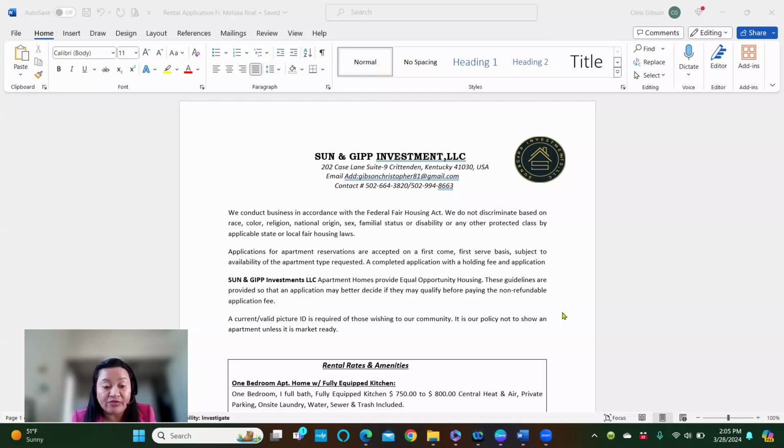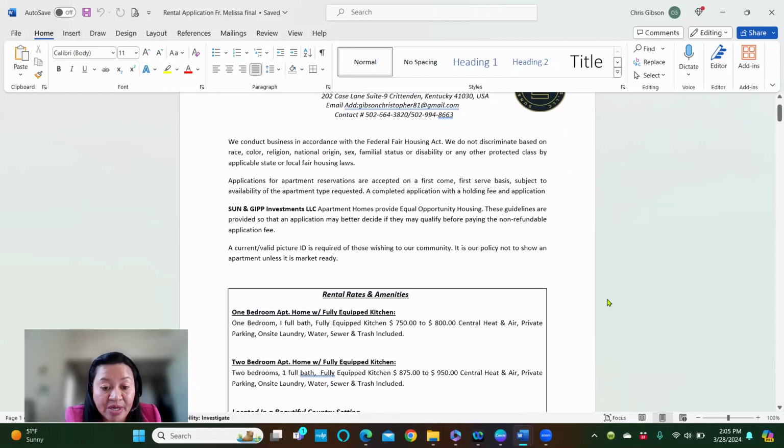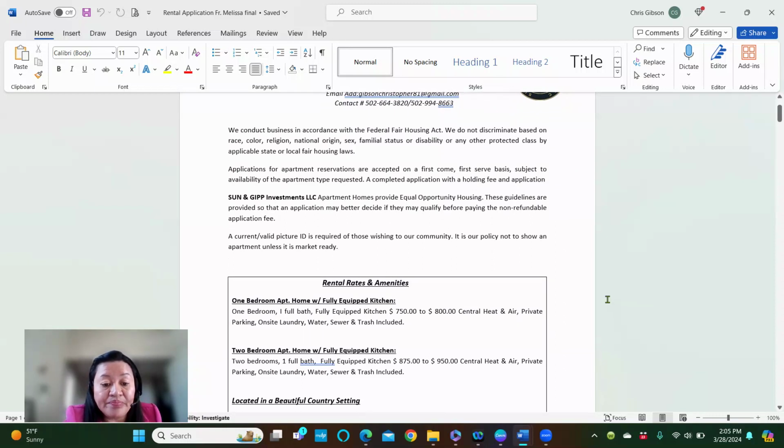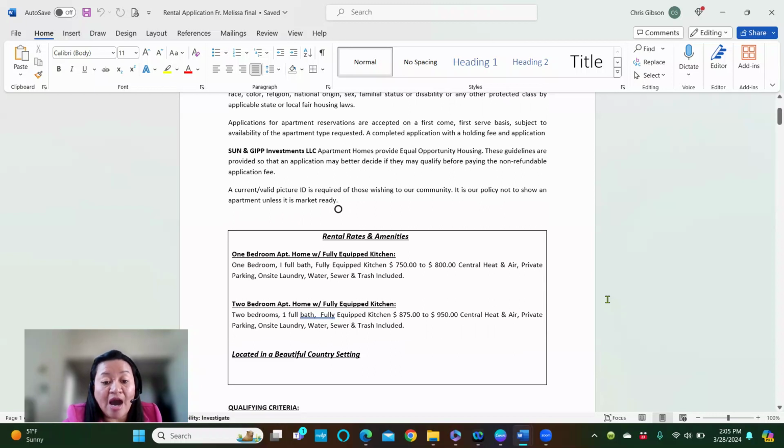In this form, all the descriptions are written, along with our requirements, the amenities, and how much the rent is.